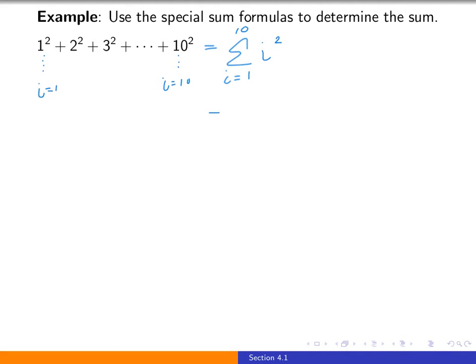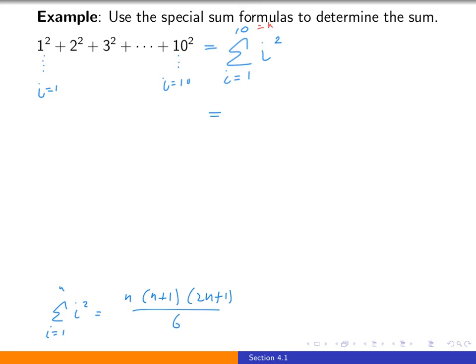So if we compare to the formula we saw on the previous slide, if we sum from i equals 1 to n of i squared, we get the quantity n times n plus 1 times 2n plus 1 all over 6. And in our case, the value for n is 10.